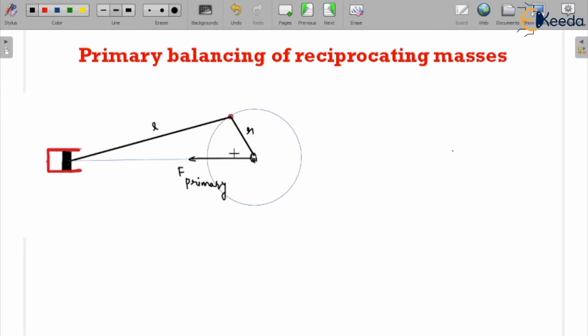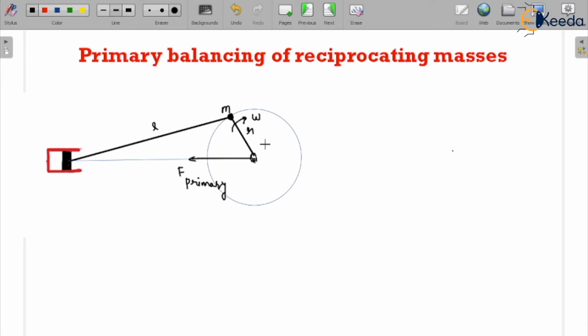I'm just considering that there is a mass m which is attached at a radius r, which has an angular velocity omega.